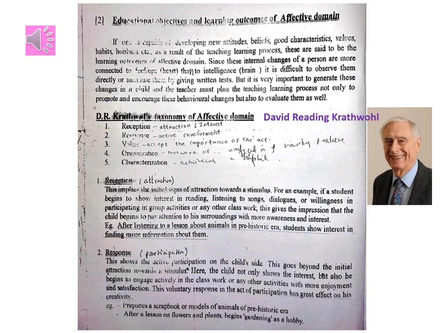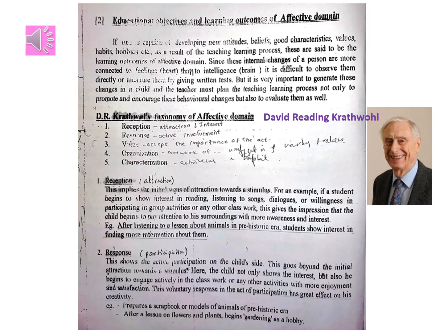If one is capable of developing new attitudes, actually it should be positive attitudes, positive beliefs, good characteristics, values, habits, hobbies, etc. as a result of the teaching learning process, these are said to be the learning outcomes of the affective domain, right?